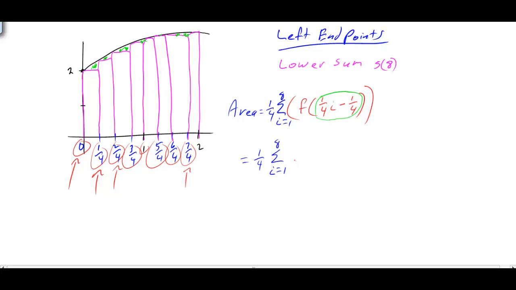So now we would have the square root of 1/4 i minus 1/4, plus 2. Okay, and don't forget the plus 2. A lot of times people start plugging this quantity in, the 1/4 i minus 1/4, you plug that in for x, and if there's other parts of the function, we forget about it. So don't forget to add the plus 2.